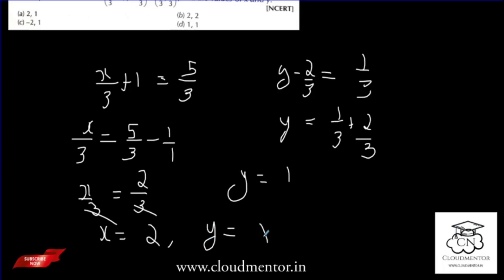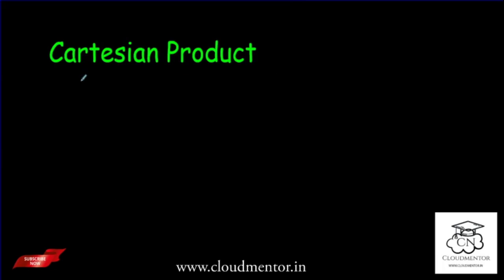Next topic, that is the Cartesian product. What do you mean by Cartesian product? Let A and B be two non-empty sets.